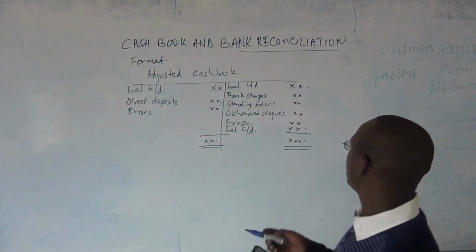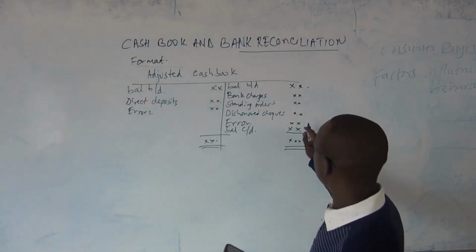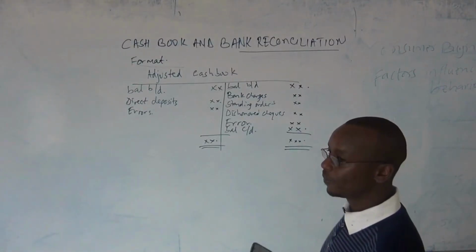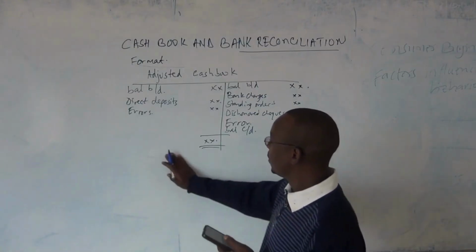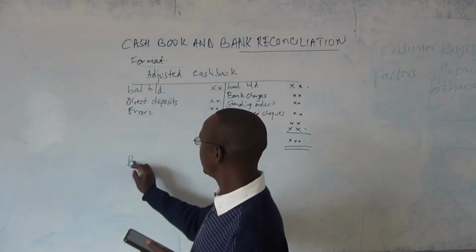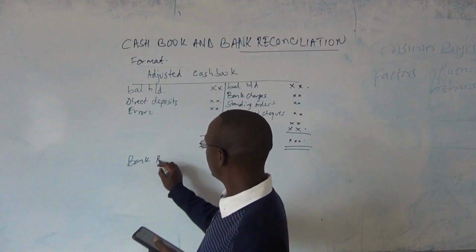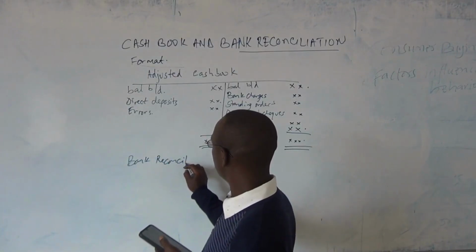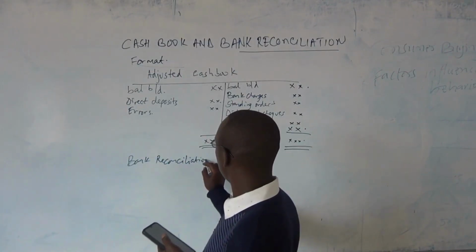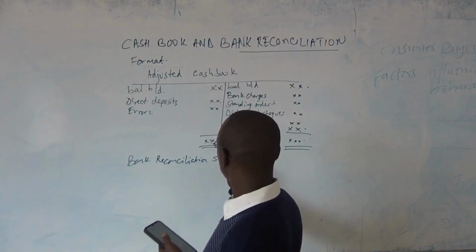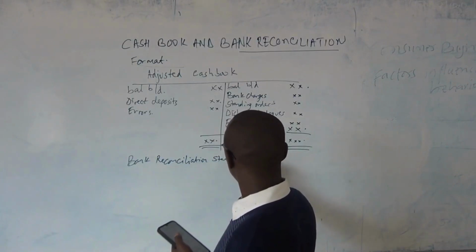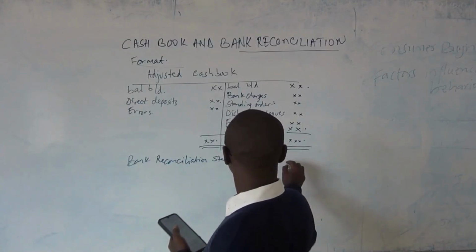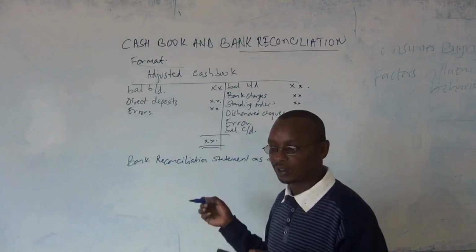So once you get this balance here, then you come here and do the bank reconciliation statement as at. So it has dates. You do it on monthly basis.